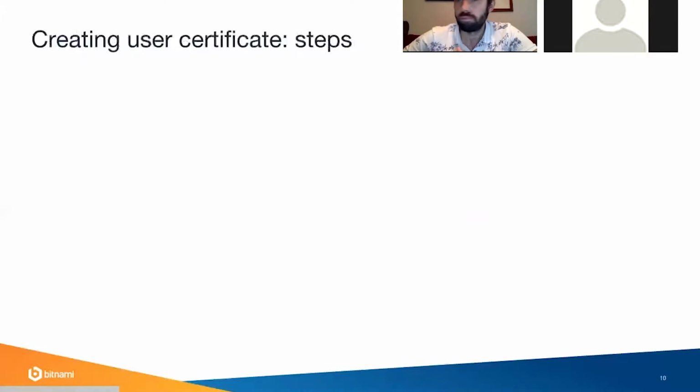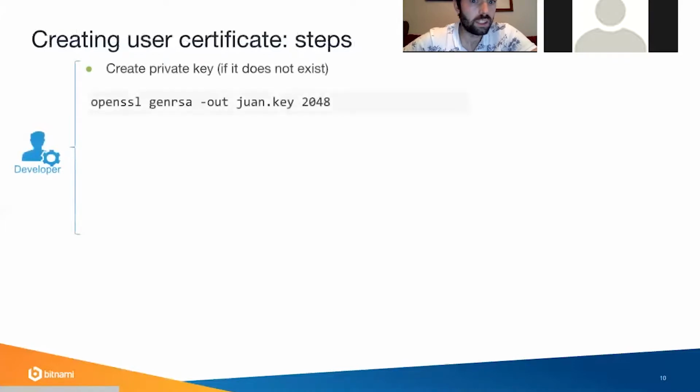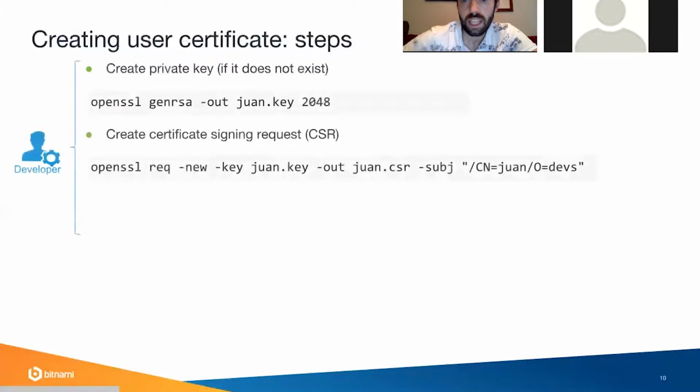Okay, so really fast, I want to go through this because it's not the core of the talk, but it shows what a usual process would be. Basically, a developer will create their own private key and a certificate signing request, in which they include the metadata we need for accessing Kubernetes. They say in that request which username we want, and which group or set of groups. Basically, these are our OpenSSL commands.